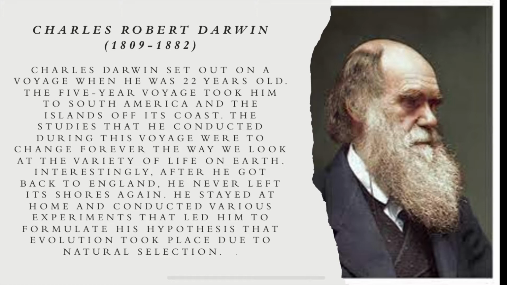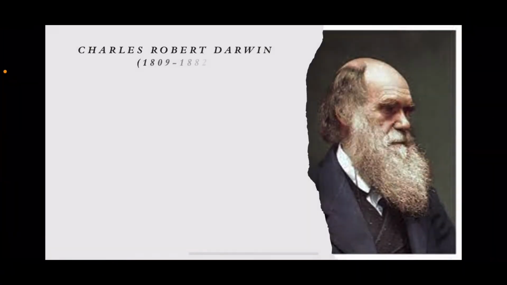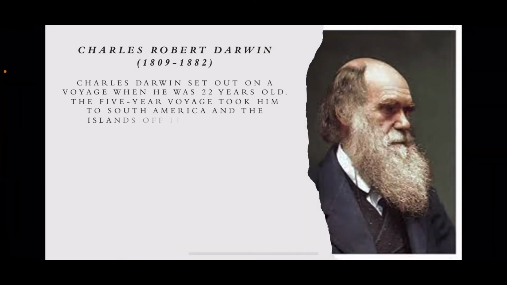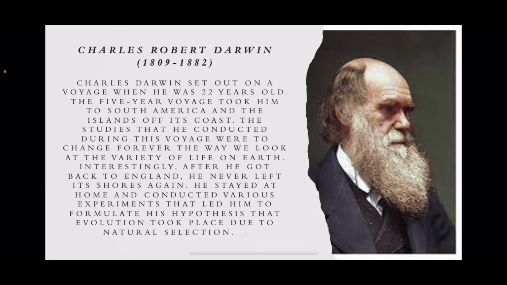Interestingly, after he got back to England, he never left its shores again. He stayed at home and conducted various experiments that led him to formulate his hypothesis that evolution took place due to natural selection.